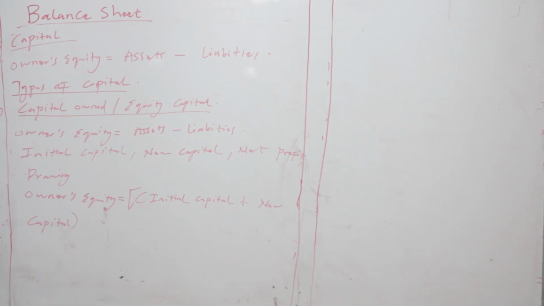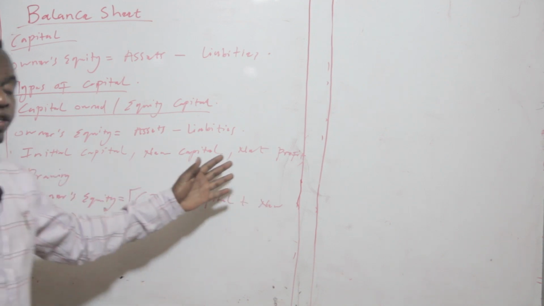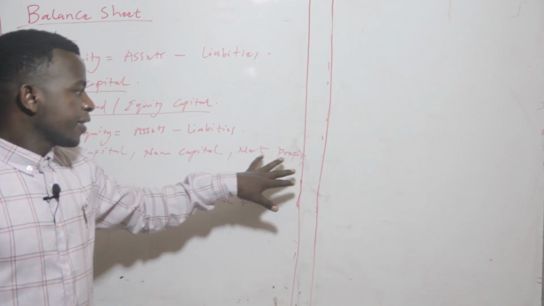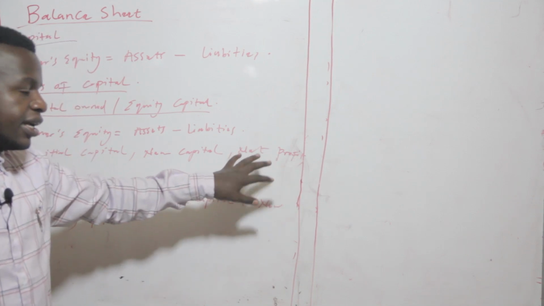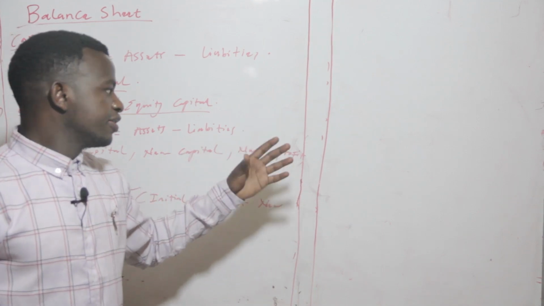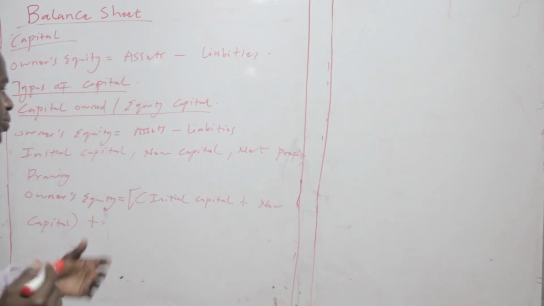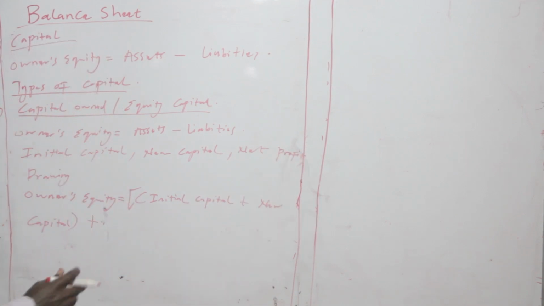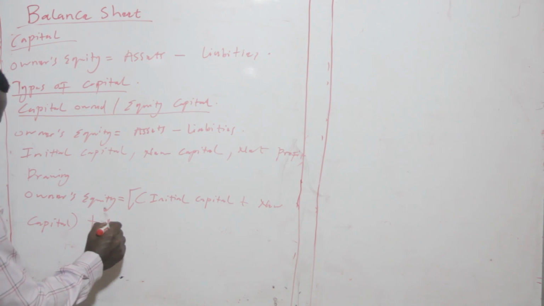Then when we find that total, we're going to say plus the net profit. And this net profit, that means that it is not distributed as dividend. So that means that it is brought back into the business. So we can say add net profit.